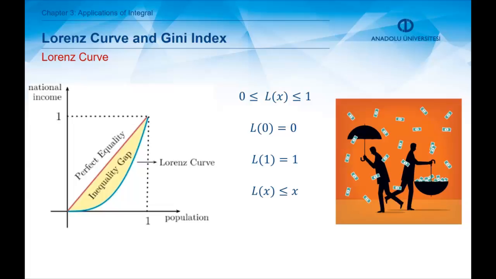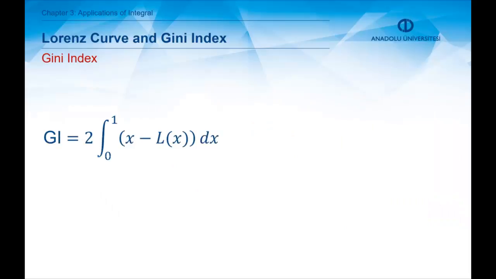Now, the line y equals x corresponds to perfect equality, perfect distribution of income, equally distributed to the population of a country. There's another very important concept, which is called the Gini index. It's a measure of income inequality.